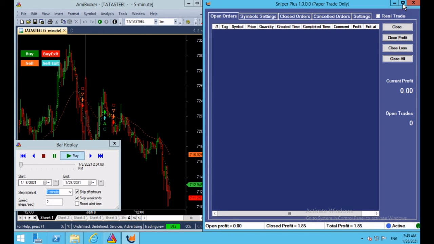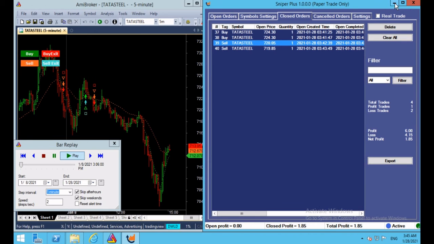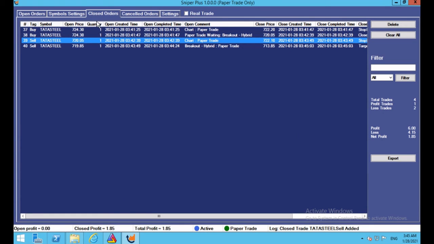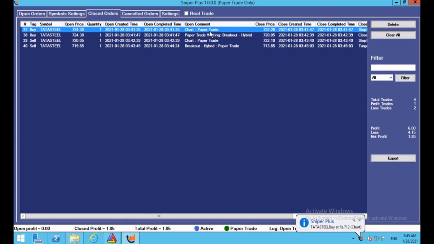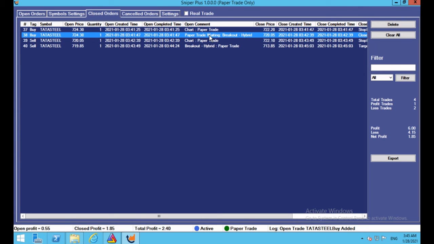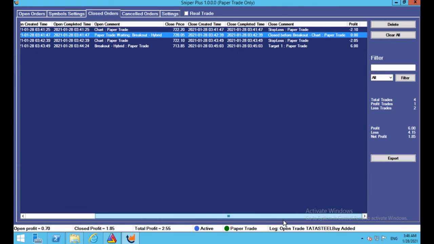Now come to Sniper Plus. Here we can see there are 4 orders: buy, buy, sell, sell. First we have a buy call that is a paper trade. The second one is a buy call; the trade was cancelled before the breakout.